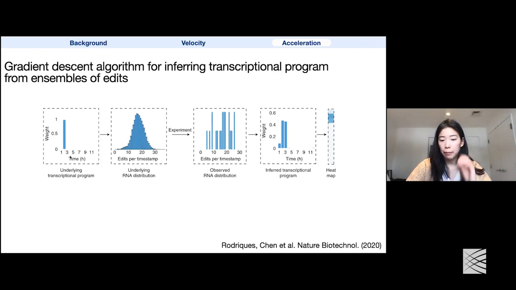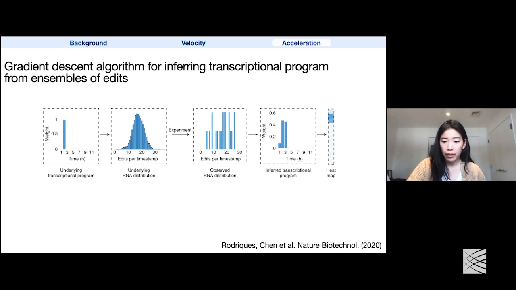So 1 here means that all of the RNA that we see is made in this 1 hour window at hour 2, for example. And so in our experiments, we observe an RNA distribution that's some subset of all the RNA in the cell. And using that observed distribution, you can then infer what the initial transcriptional program was. Another way to visualize this is in the form of a heat map, where each entry here is time and color is the probability that your transcriptional program, or the fraction of your highest probability estimate, belongs to a certain hour time point.